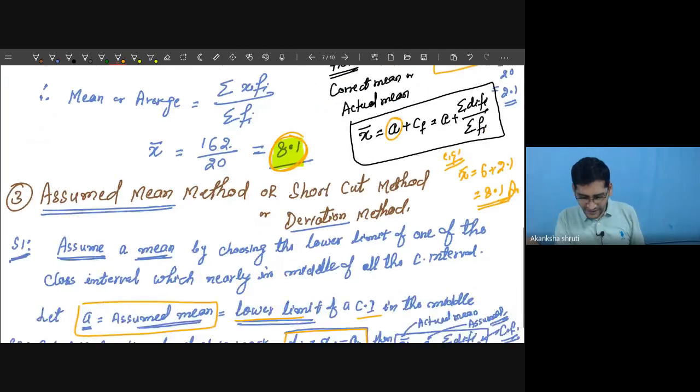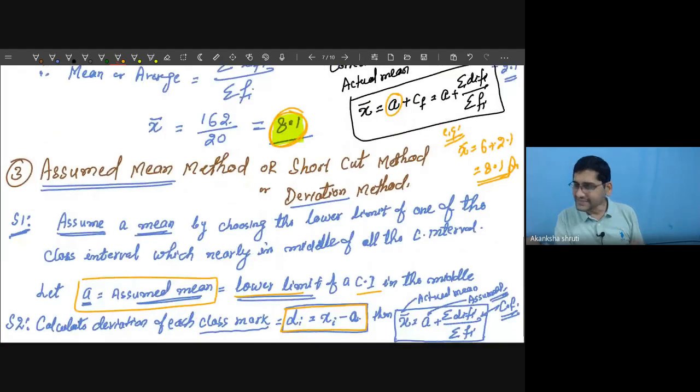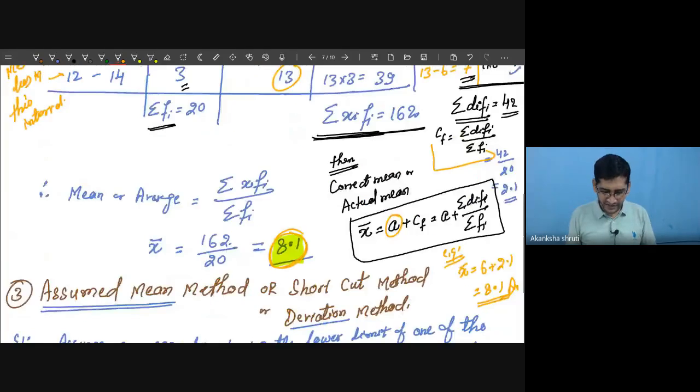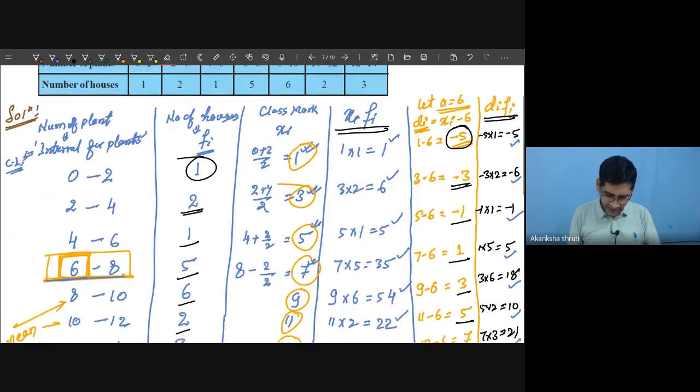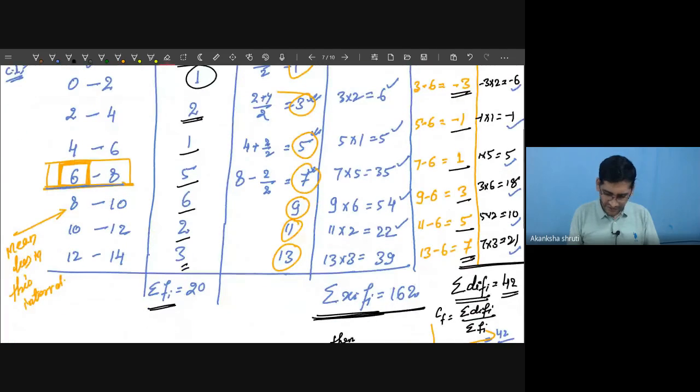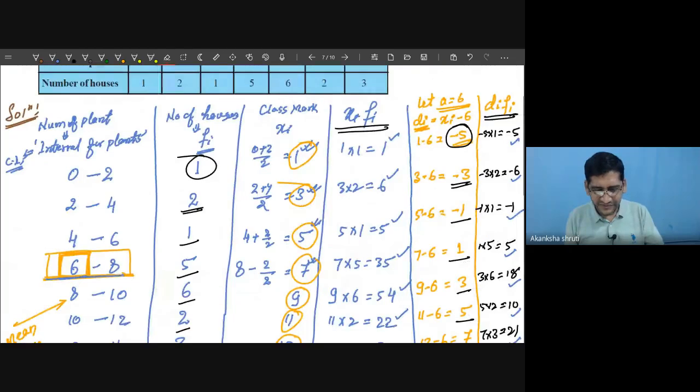Now the next method is called step deviation, where this deviation D is divided by the class interval length H. In this case, what is the class interval length? It is obtained by taking the difference of the upper and lower limits.